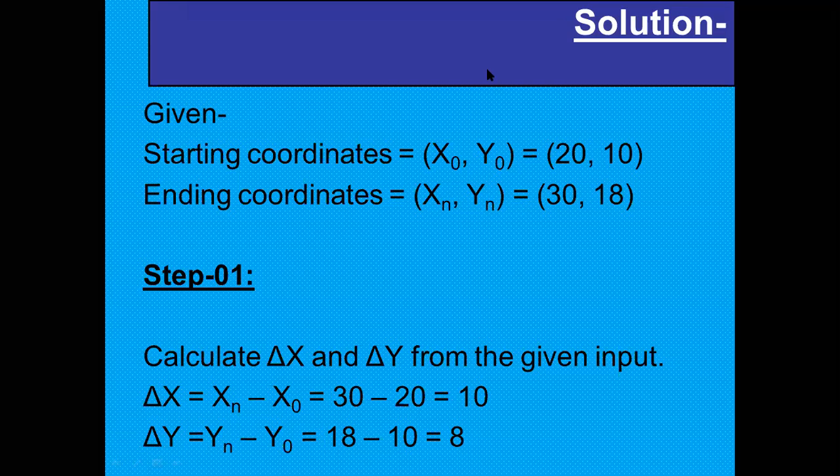The final point xn is equal to 30 and x0 is equal to 20. So we will get 10. Delta y, similarly, you can calculate as yn minus y0, that is the final value of y minus the initial value of y, and here we will get 8. So this is mandatory and you will calculate it in each and every method.